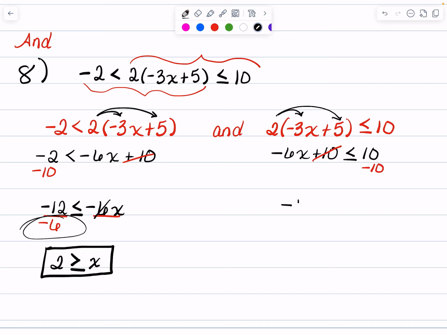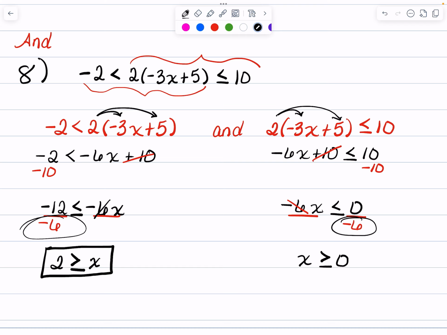So I will have negative 6x is less than or equal to 0. Now I'm going to go ahead and divide both sides by negative 6. And I will have x is greater than or equal to 0.